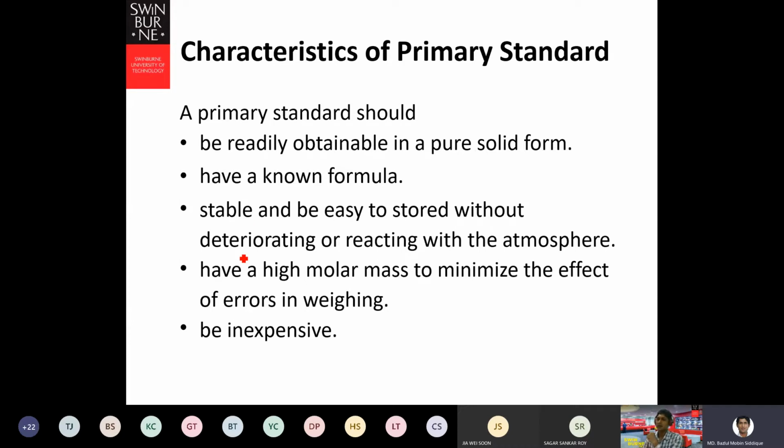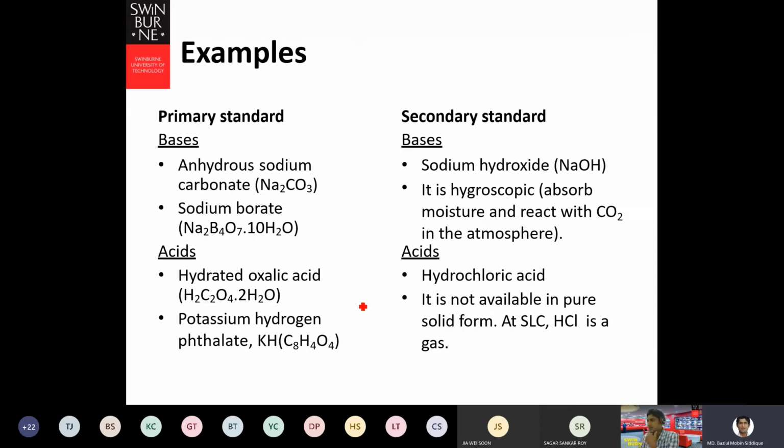So a primary standard should have a higher molar mass. And of course, it should not be that expensive. If it is too expensive, people will not want to use it.